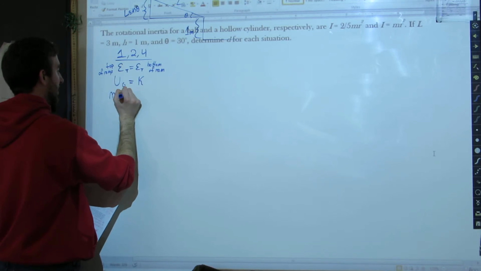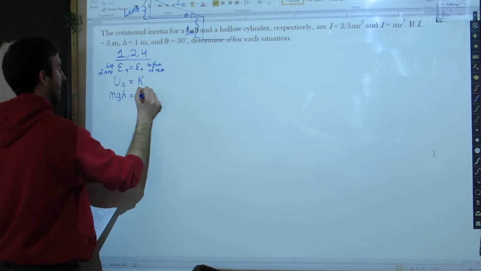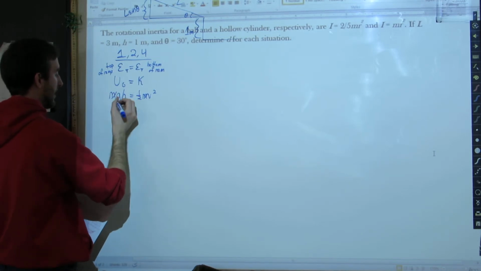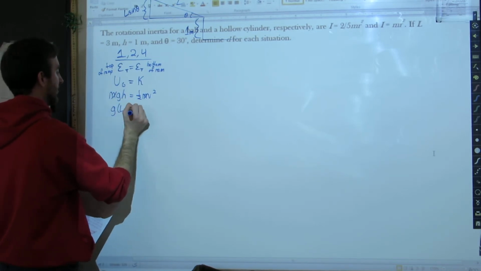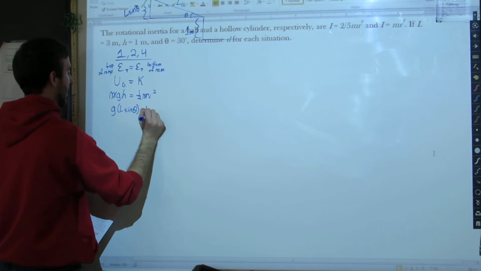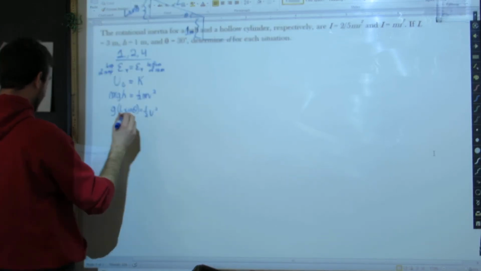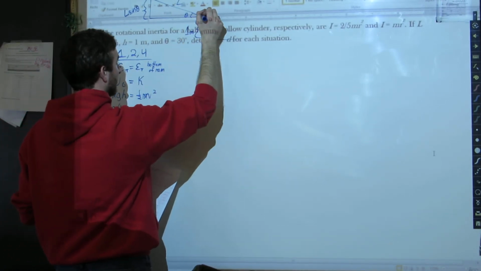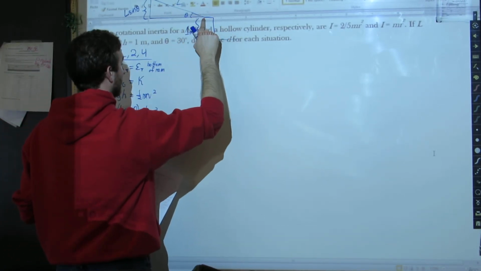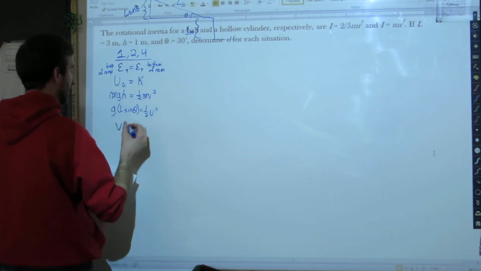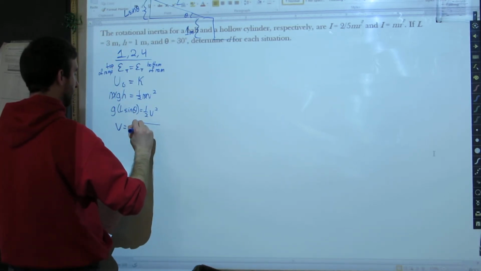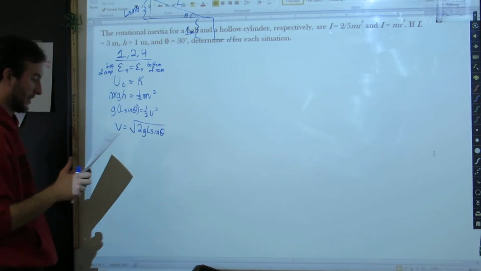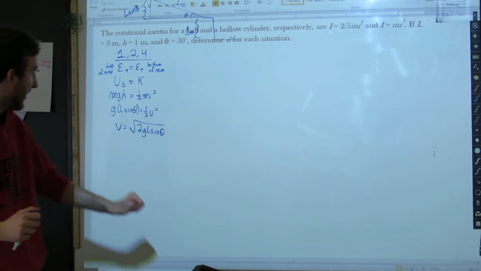So we have mgh equals 1/2 mv squared. Let's cancel these. h is L sine theta, 1/2 v squared. If we solve for v, we should get that the velocity at the end of the ramp is the square root of 2gL sine theta. Okay? Now, that's how fast it's moving at the bottom.